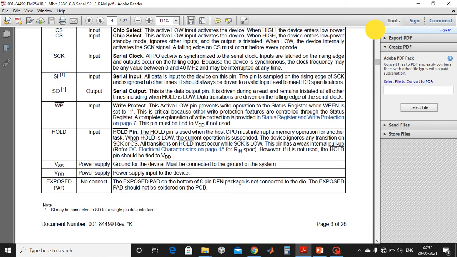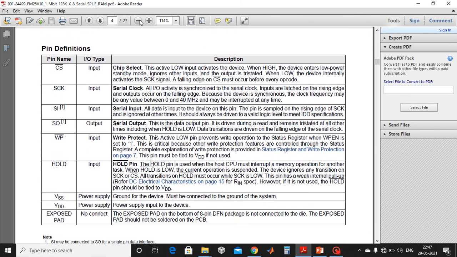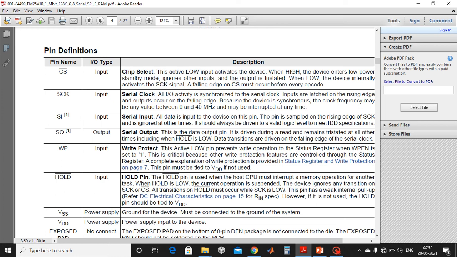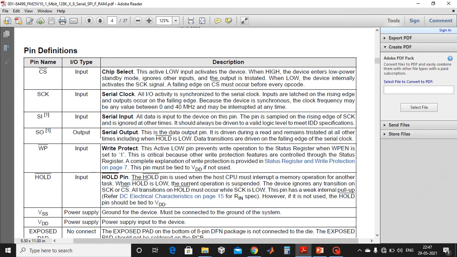One very important piece of information which is given here, which you all have to look at first when you are working with any SPI protocol: the very first thing is the SPI clock, and the second thing is on which edge the slave samples the data. This information is given here.